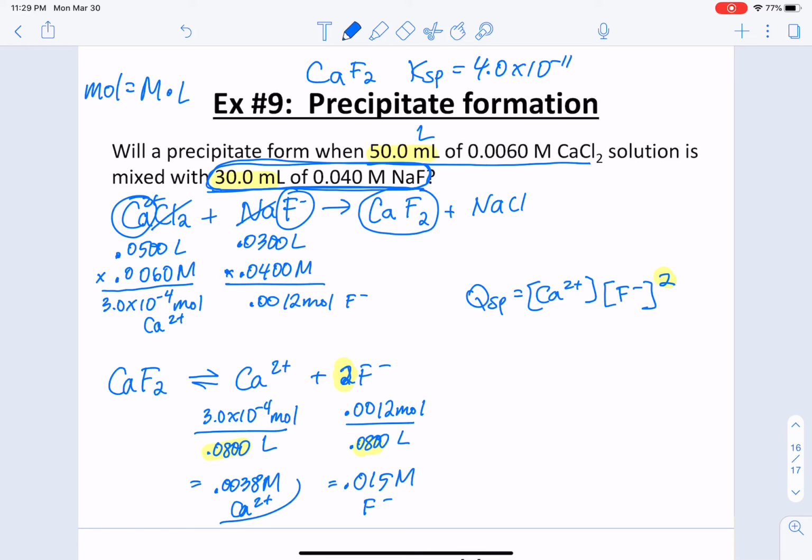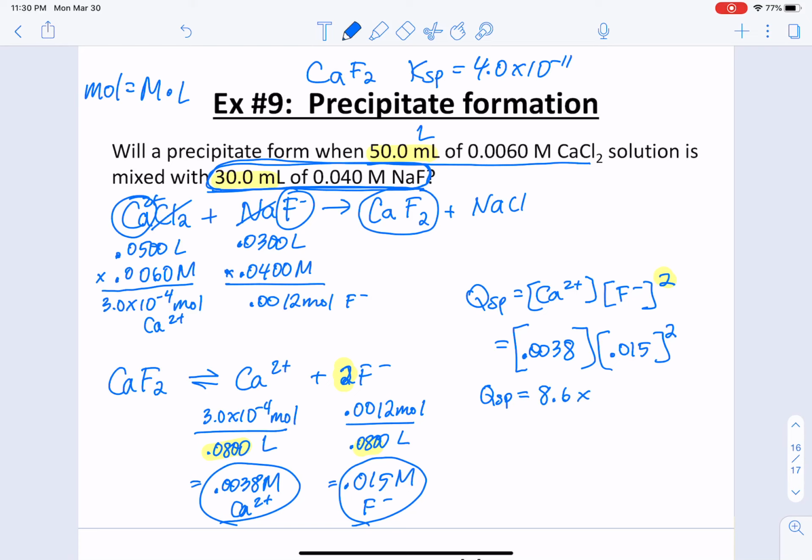So now I'm going to take these two values for my new molarities. I'm plugging them into my expression. So 0.0038 times 0.015 squared is going to be my QSP value. I do that calculation, and I get 8.6 times 10 to the negative 7.